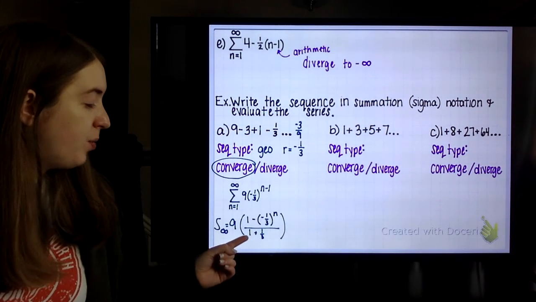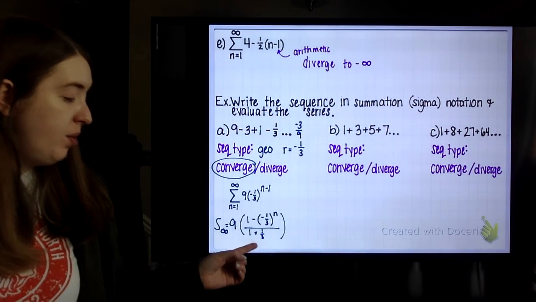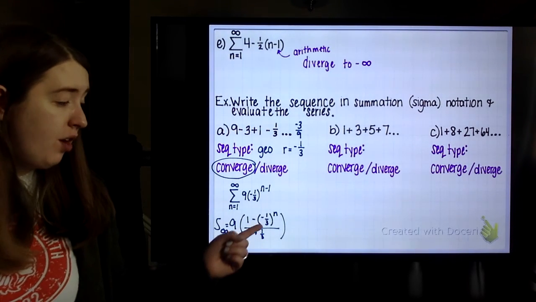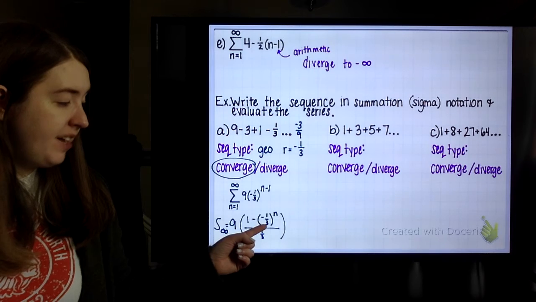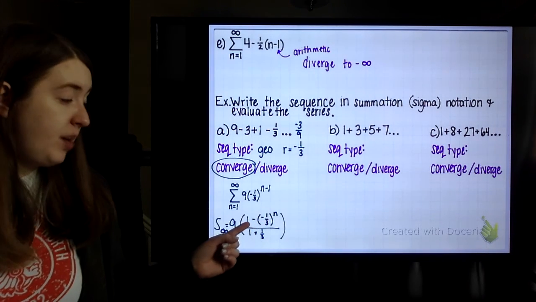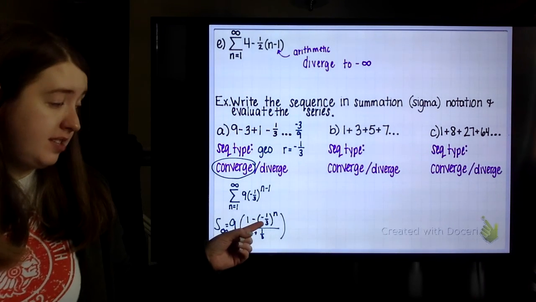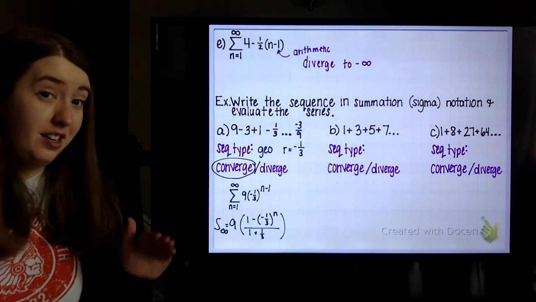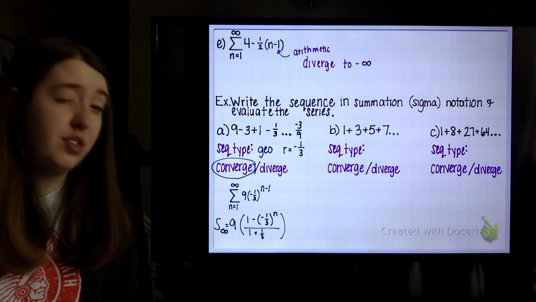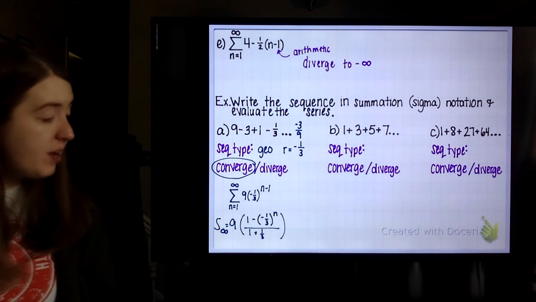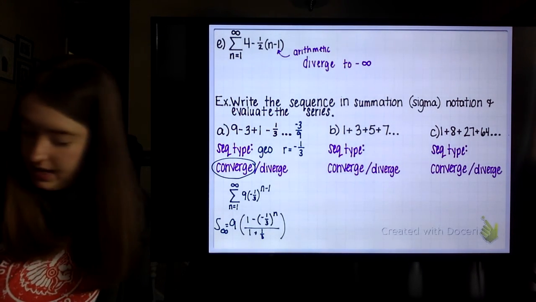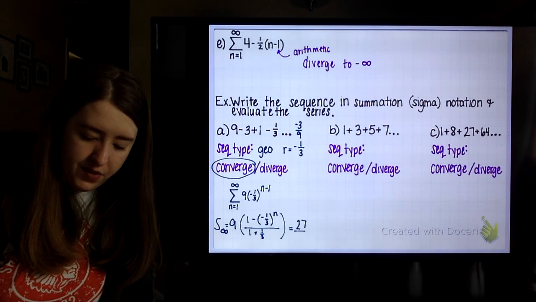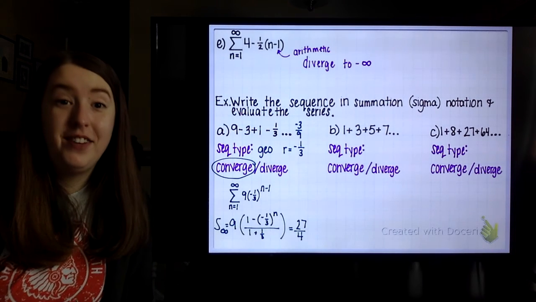Okay, notice right here, I did do minus negative 1/3 is plus 1/3. That's fine. Over here, I have to take negative 1/3 to a power first. So I have to have minus parentheses negative 1/3 to a power. You can't just put plus there. You're going to get some wrong answers if you do that, so be careful. Okay, so once we pop that guy into our calculator, we're going to end up with 27/4 for our infinite sum there.